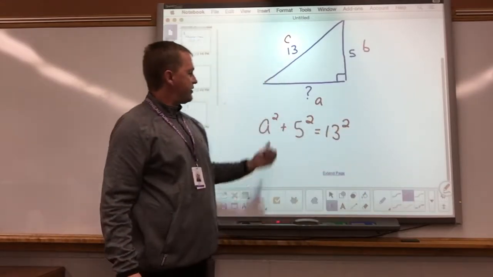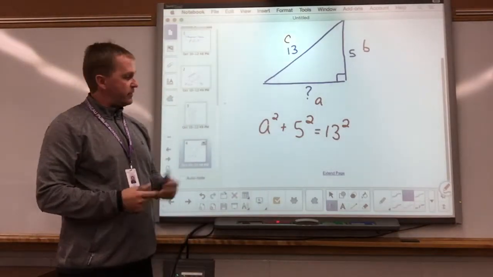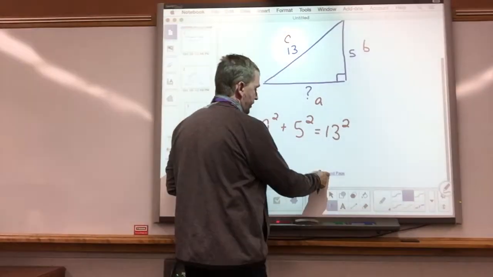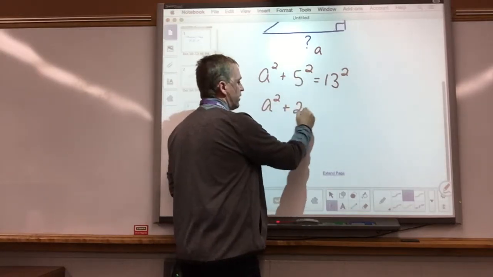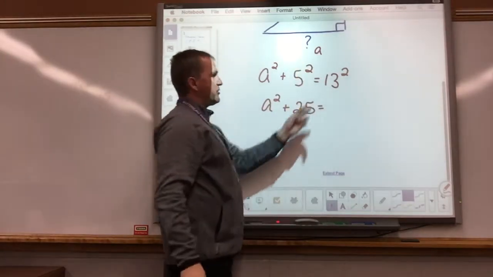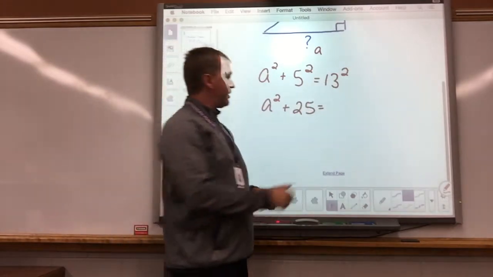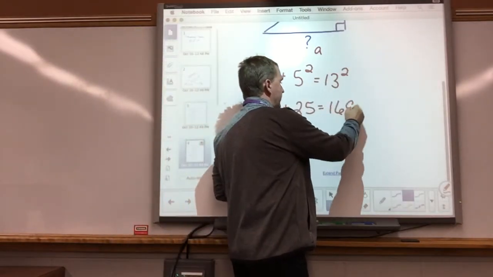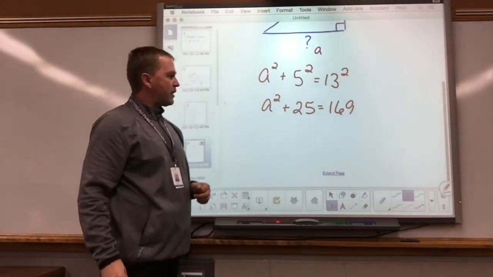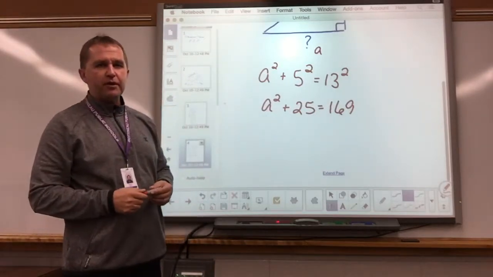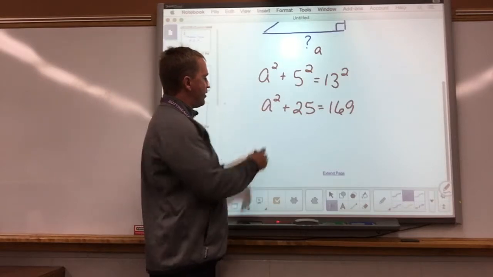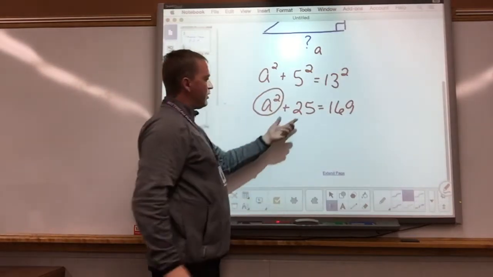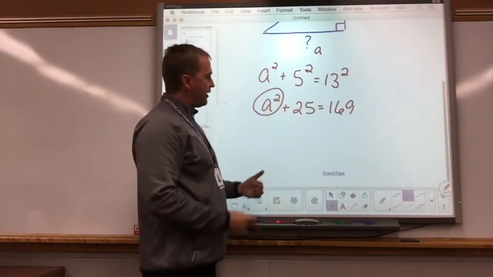This time I want to figure out what A squared is. So we will take A squared plus 5 squared, which is 25, equals 13 squared. 13 times 13 is 169. We're going to use a little bit of algebra here. If you're taking A squared and you want to get A squared by itself, you want to get rid of the plus 25.